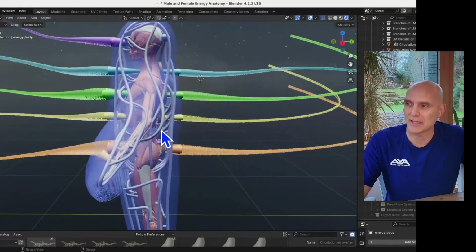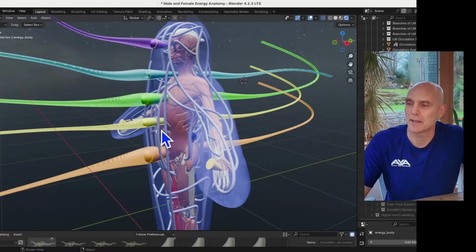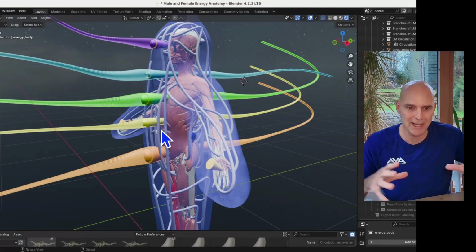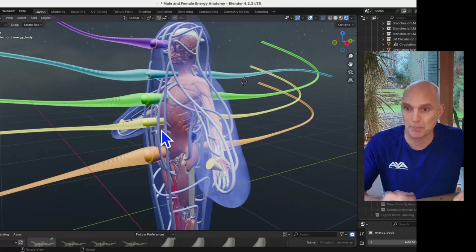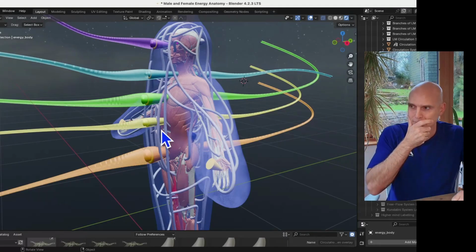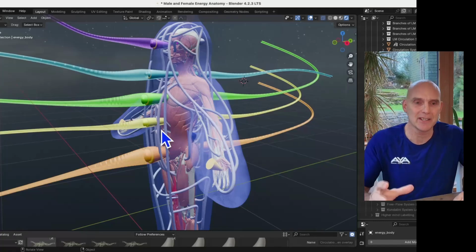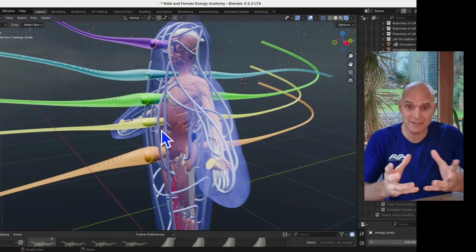But of course, as I was saying last week, we want to build on that knowledge. We want to look at it in far more detail, and we want to bring it into an anatomical space, a biological space, which is why we're starting to draw these out and link the energy body in with the material body, because it's all anatomy.